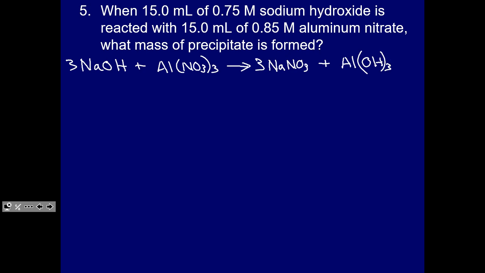Are you ready to share? No? Still not ready? Okay, that's fine. When you're ready, you can let me know. Sure, what do you got? The aluminum hydroxide is the solid. Excellent. So this is what we're looking for: question mark grams.